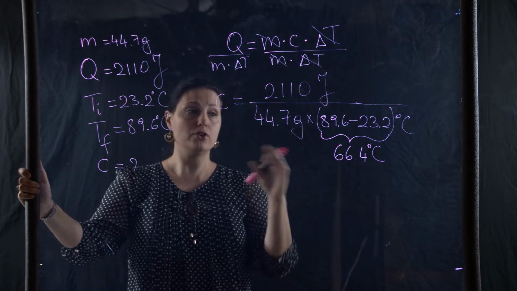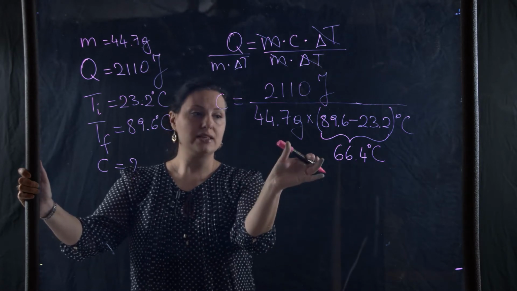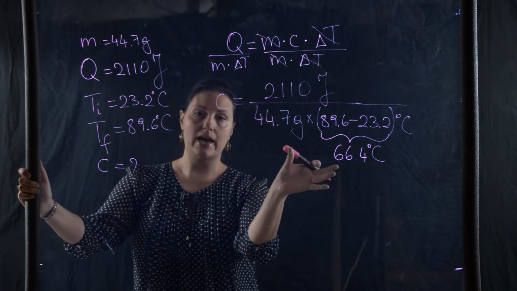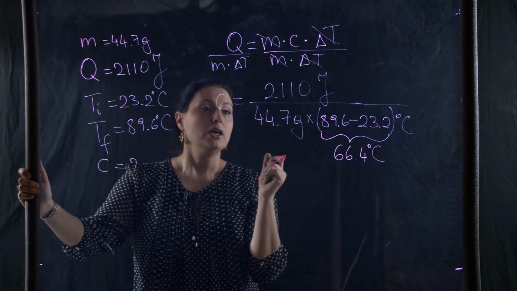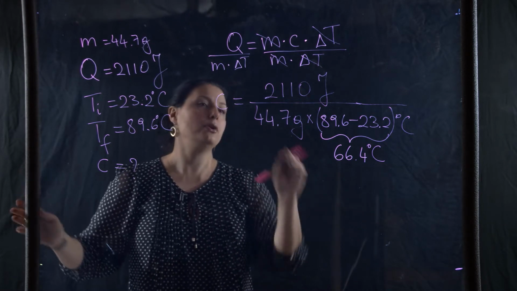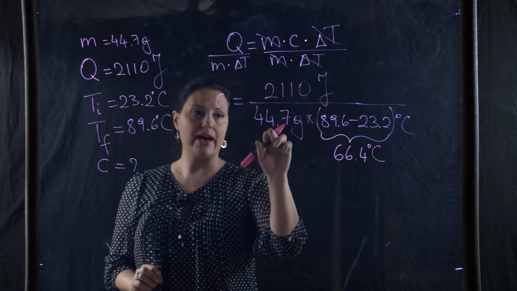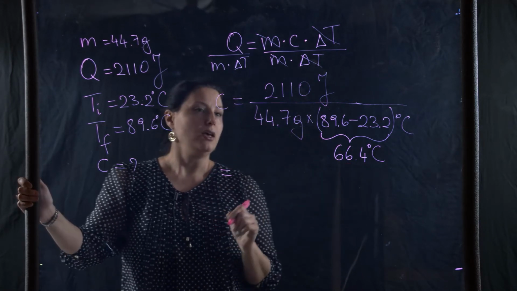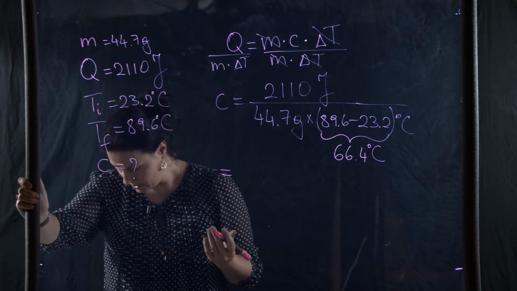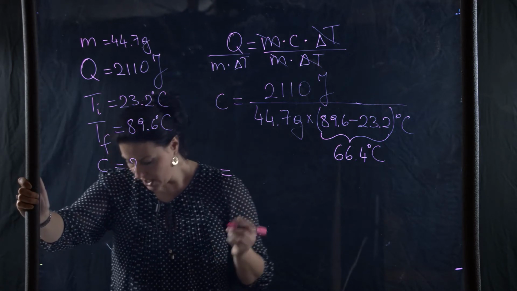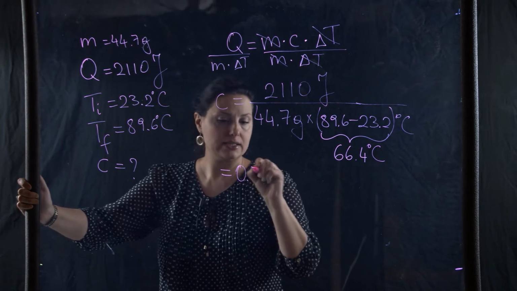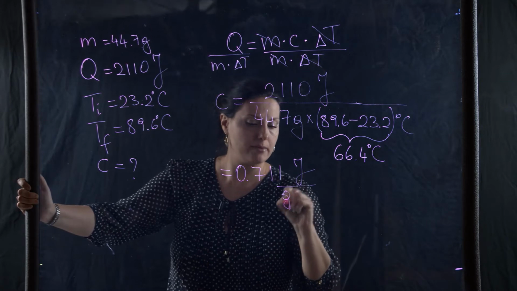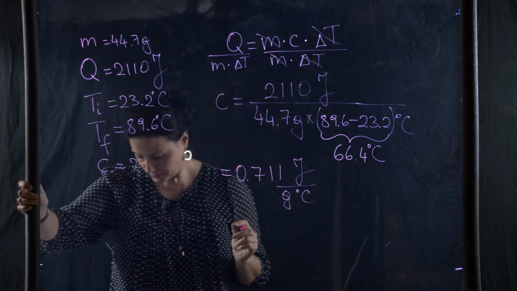If it's hard for you to do it that way, multiply these two bottom numbers first, then you take 2,110 divided by that product. If you want to do it in one step, you can take 2,110 divided by the mass divided by 66.4. And that should give you 0.711 joules per gram degrees Celsius.